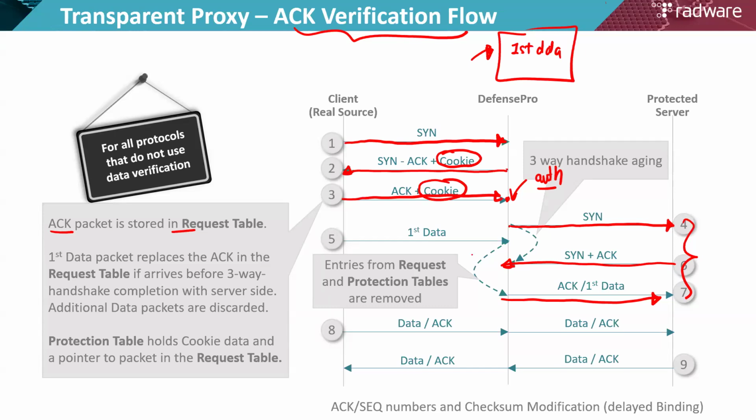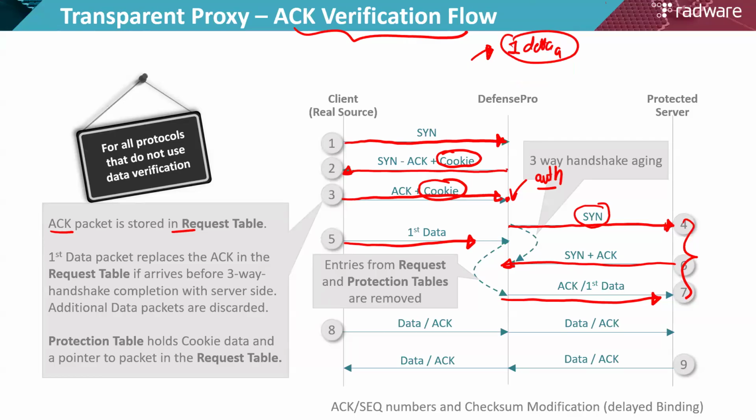From there on, we can establish a connection with the backend server. So the defense pro tries to open a session with the backend server, sending the SYN. But before this three-way handshake could be completed, the client already sent the first data. In that case, the defense pro will replace the ACK with the first request, or the first data.